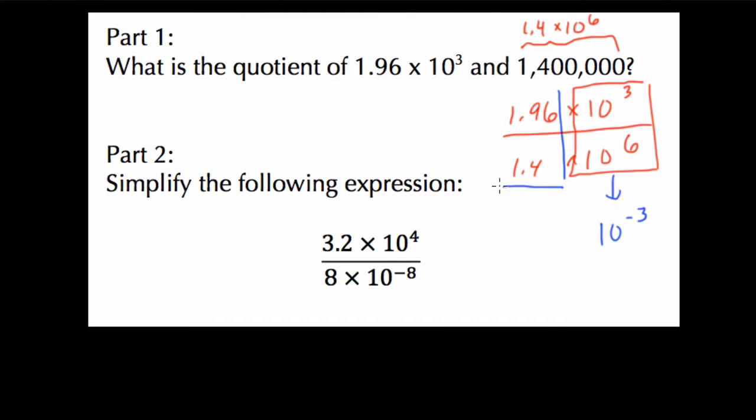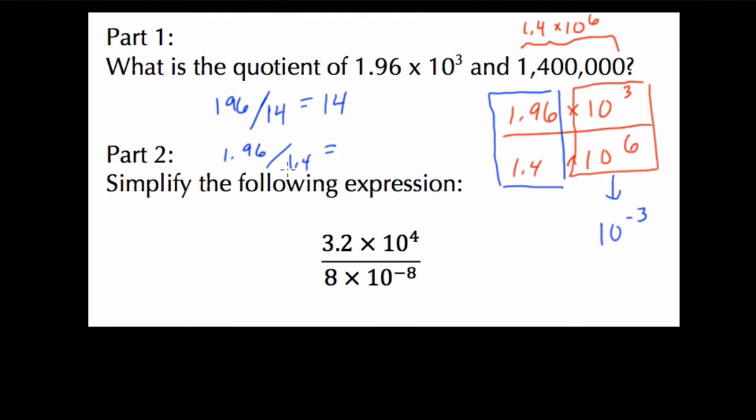Here, this looks like a difficult division problem, but in fact, it reminds me a lot of 196 divided by 14. Right? 196 divided by 14 is just 14, because 14 times 14 is 196. And here, this is going to be pretty similar to that. The only difference is that instead of 196, we have 1.96, and we have 1.4.